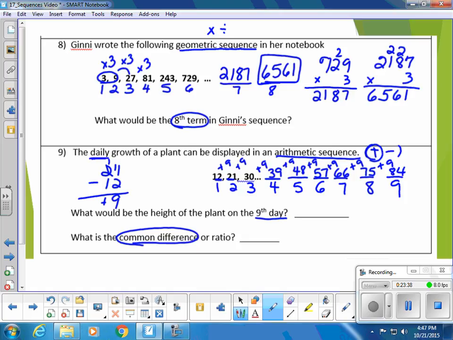So what's the height on the 9th day? It would be 84 centimeters, inches, whatever it is. It didn't tell us. And then what was the common difference? We are adding 9 each time.